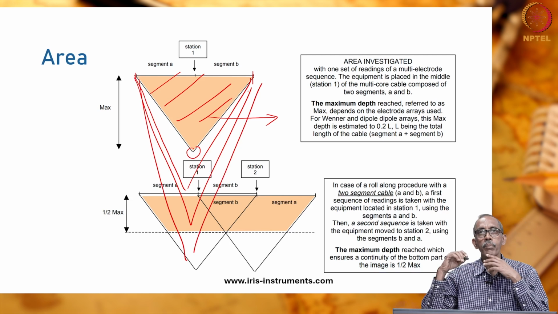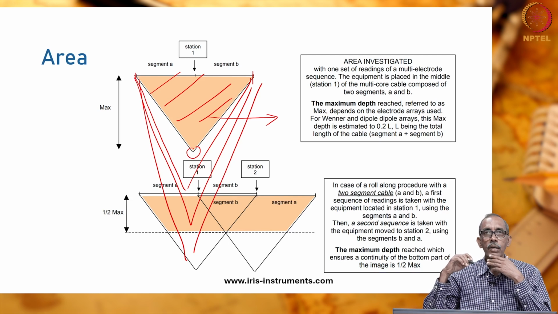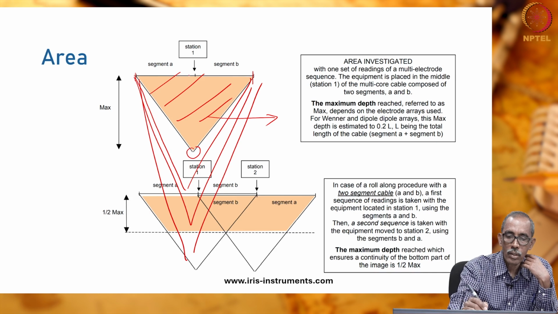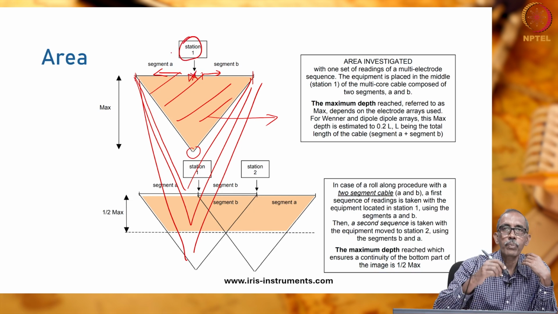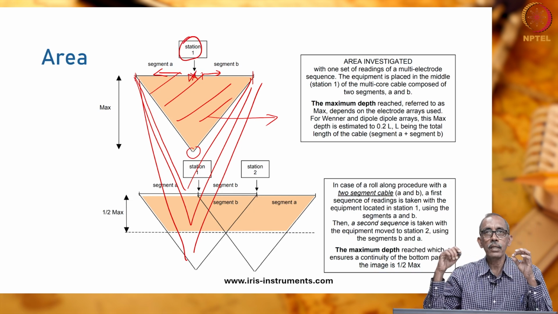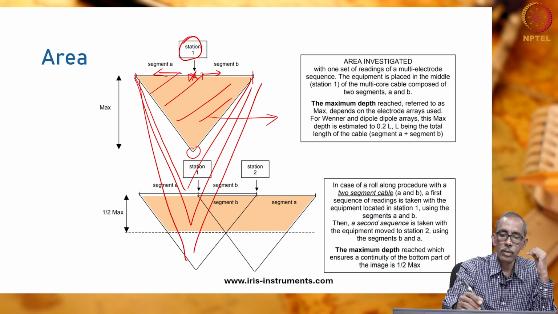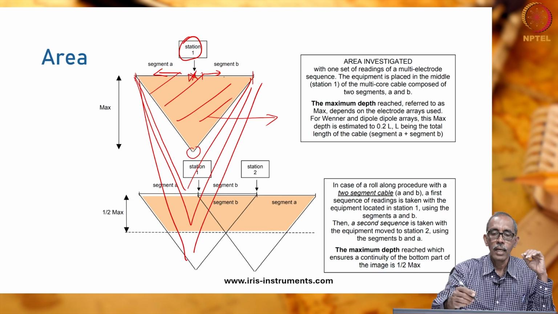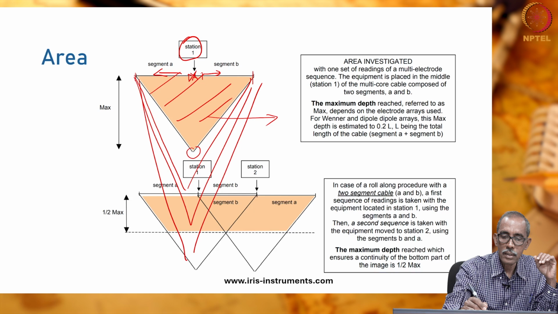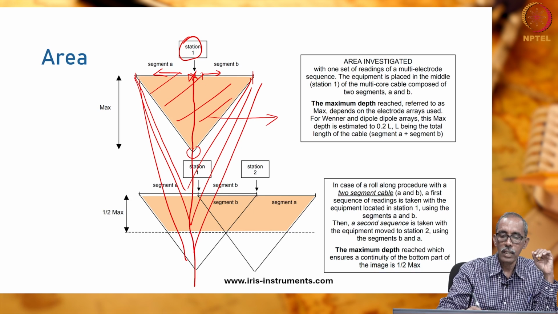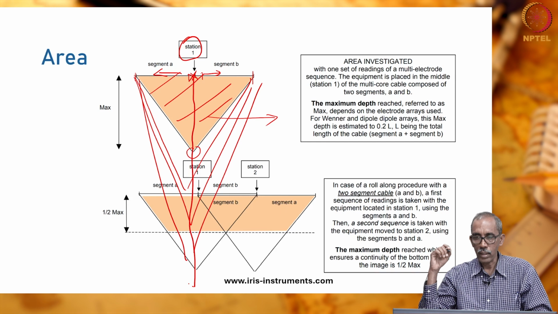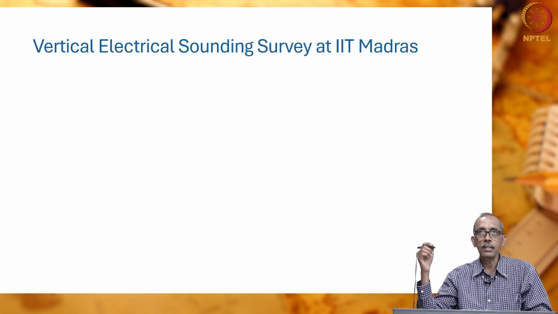So, today we are going to perform vertical electrical sounding. How is vertical electrical sounding performed? By progressively increasing the spacing between the electrodes, but the center point remains the same. That is the point of our investigation. Though we are going to place the electrodes on either side, our point of investigation is this. That means just below that we are going to determine the variation in the apparent resistivity. That is vertical electrical sounding.